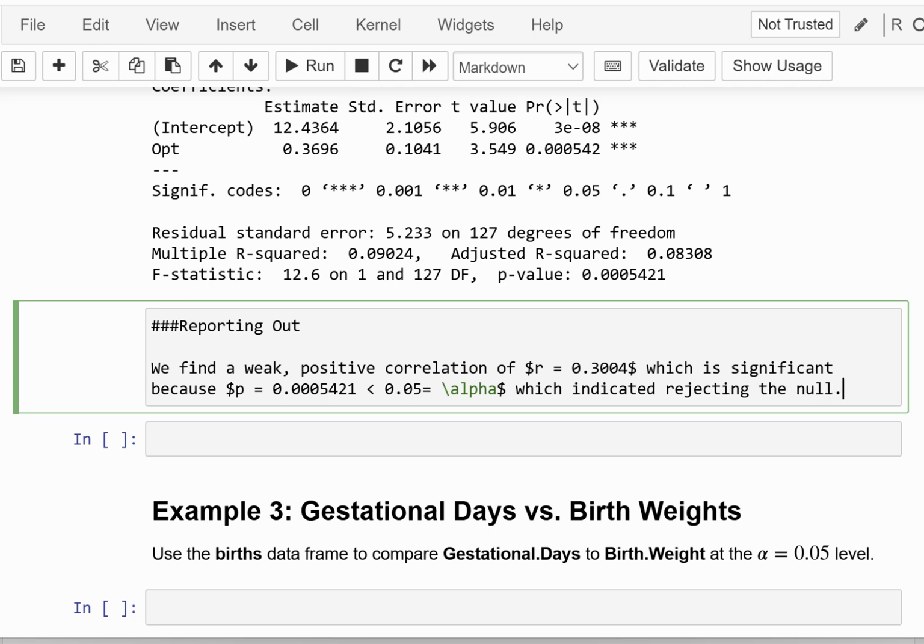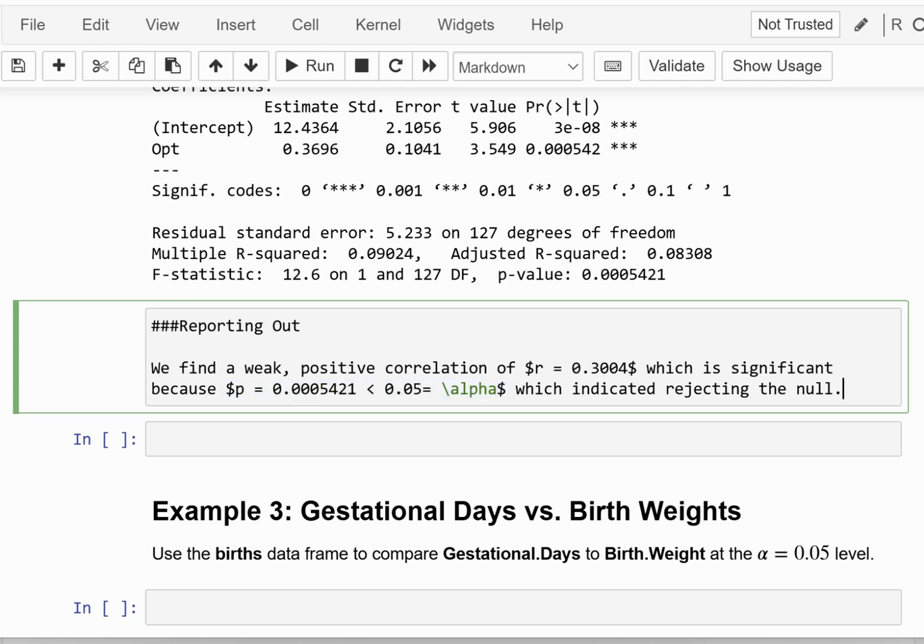So we did reject the null hypothesis, which gives us evidence that there is a significant correlation. Why? Because p was less than 0.05. So we have a weak positive correlation because of the R value, which was significant because of the p-value compared to alpha, which indicated rejecting the null.